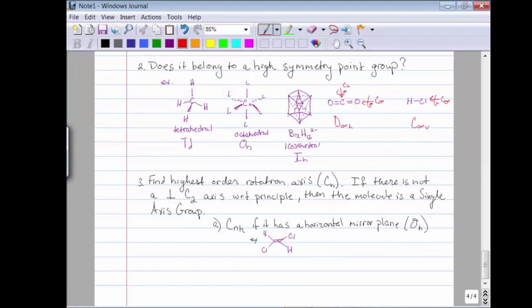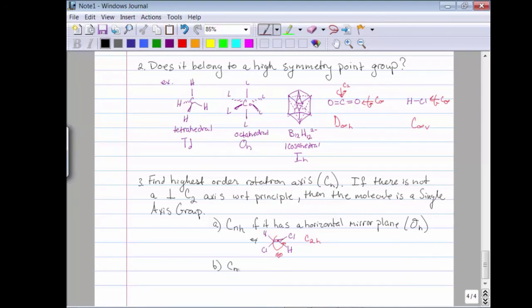It would be coming out of the plane of the paper. So you can rotate here 180 degrees. The rotation axis is coming straight at your face. See that? So that's your principal axis. And there's also a horizontal mirror plane, which is in the plane of the paper. So that would be C2H, because the C2 is the principal axis, and you have a horizontal mirror plane.